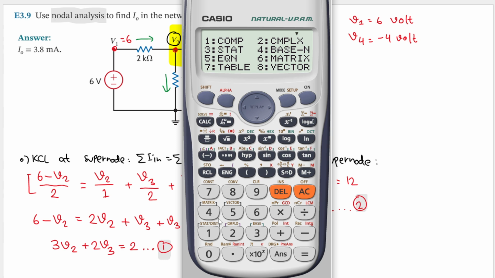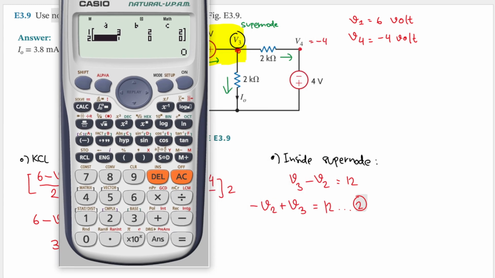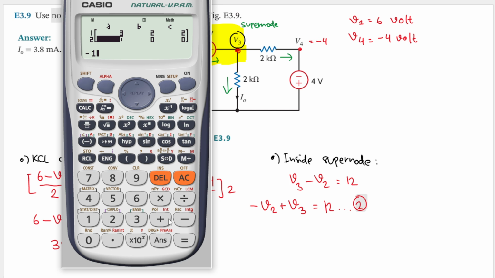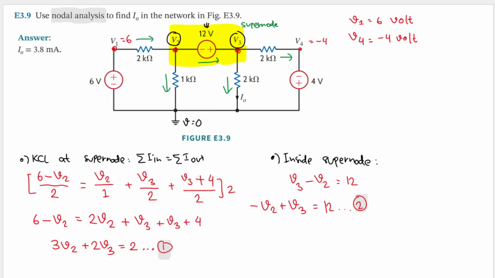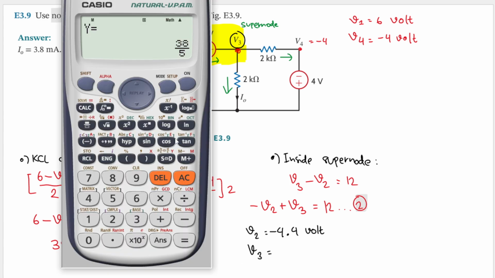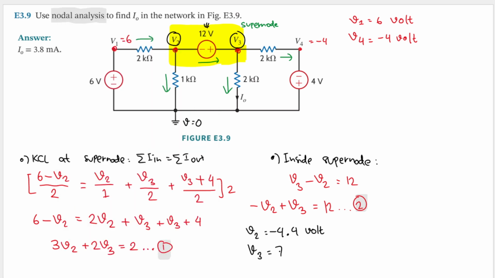Let's set this up as equation solver number 5: two variables, then 3, 2, 2, and the second one is minus 1, 1, 12. So V2 is minus 4.4 volt, and V3 is 7.6 volt.